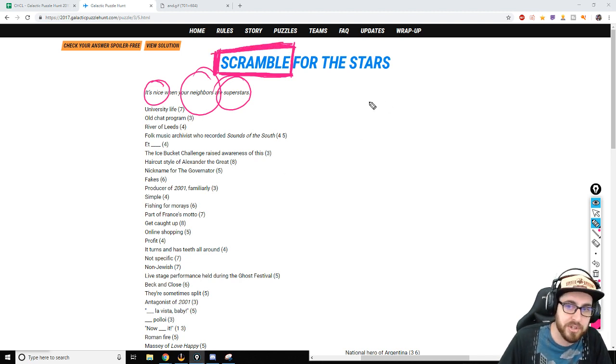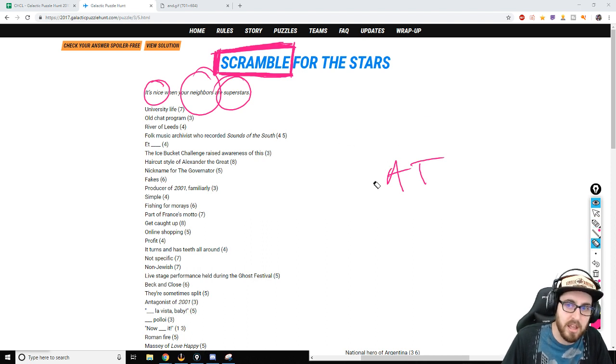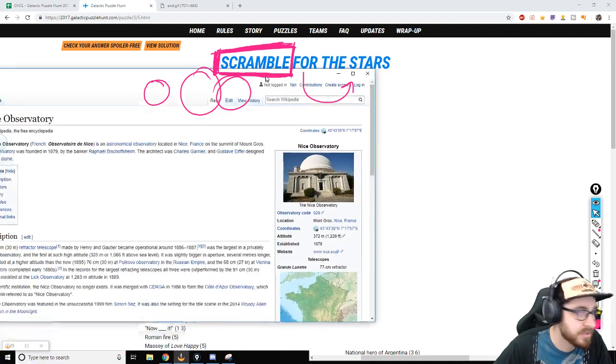Scramble. So a word scramble would be, you know, you have TCA, you have to unscramble it to be CAT, right? So if that's the case, are we scrambling to come up with names for stars? Nice observatory.